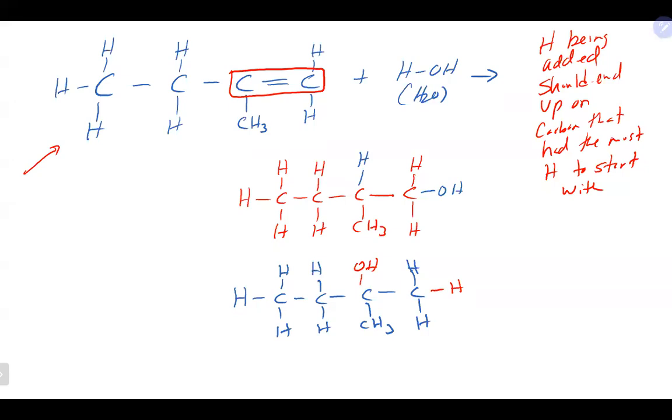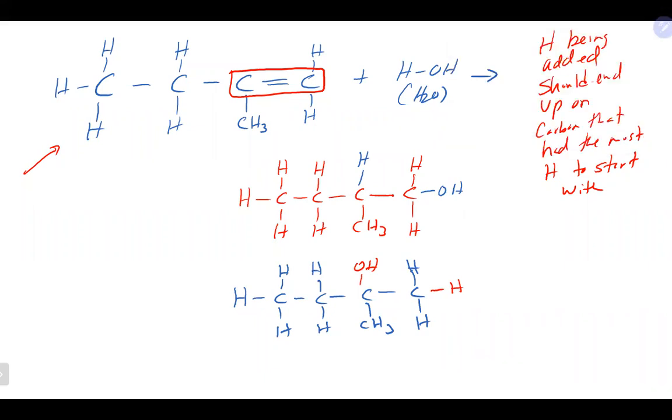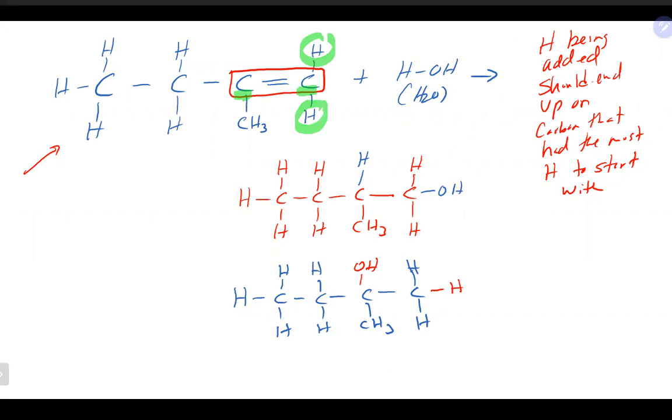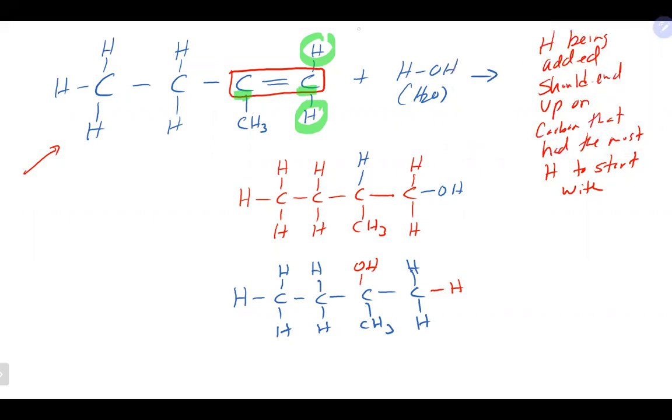So let's talk about what that rule really means. We have two carbons in this double bond that we're looking at, this carbon and this carbon, right? That is where we made our single bond to add those things in. Directly attached to the carbon on the right are two hydrogens. Now this carbon on the left has how many hydrogens directly attached to it?